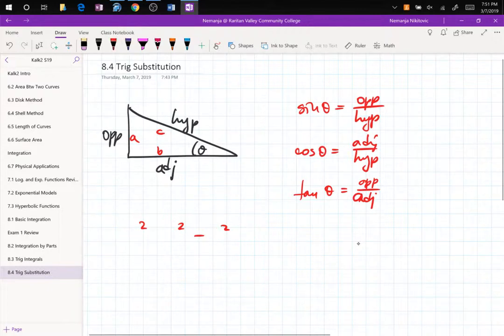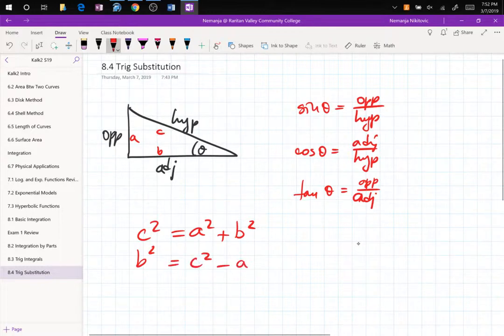Actually, I'm going to switch the order. C squared is equal to a squared plus b squared. B squared is equal to c squared minus a squared. And a squared is equal to c squared minus b squared. This is the same formula, just flipped 3 times. Are we all okay with that? Hopefully we are, right?